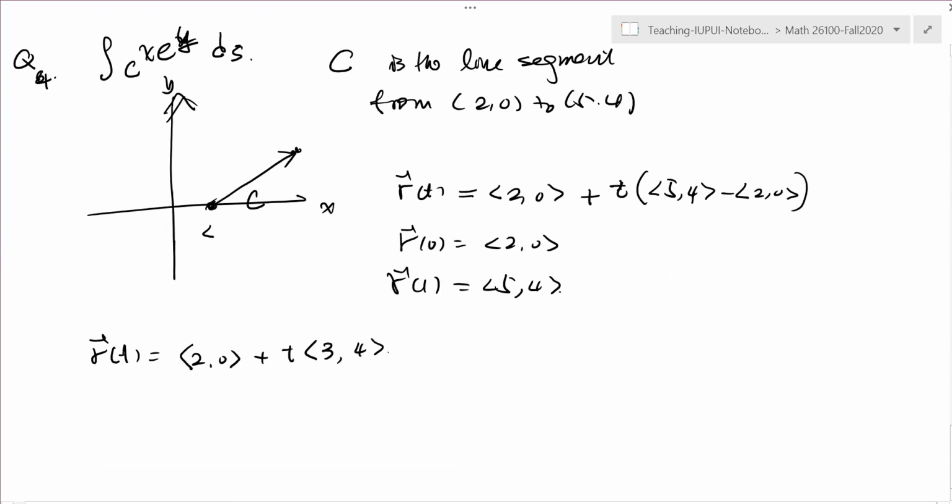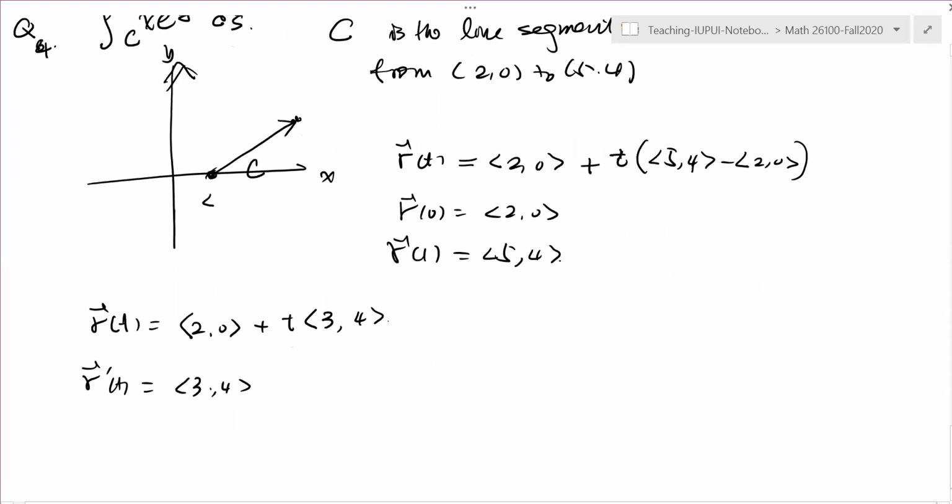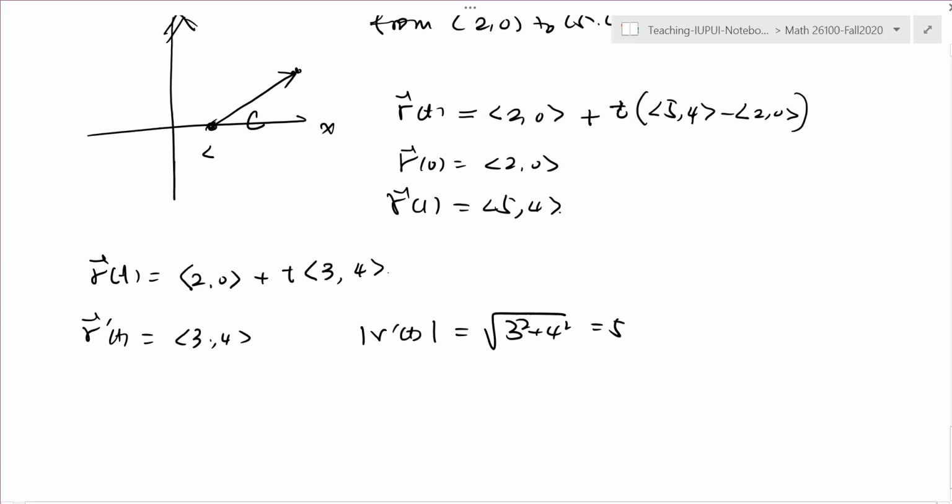When you differentiate, you get 3, 4. So the length is going to be the square root of 3 squared plus 4 squared, just 5. It's a constant length.